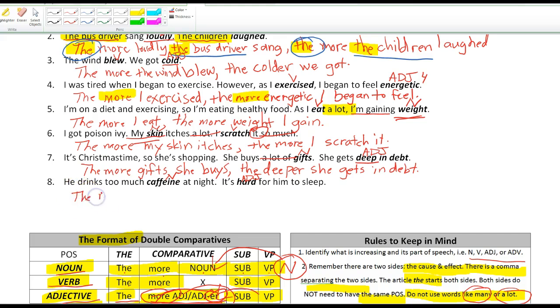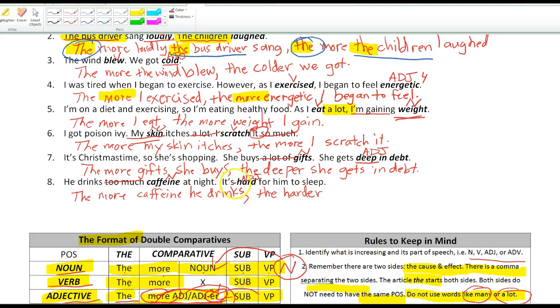The more caffeine he drinks, and the too much disappears because of more. You can write at night if you want to, or you can just put the comma there. Okay, and we have adjective, and hard is one syllable, so that's harder. The harder.